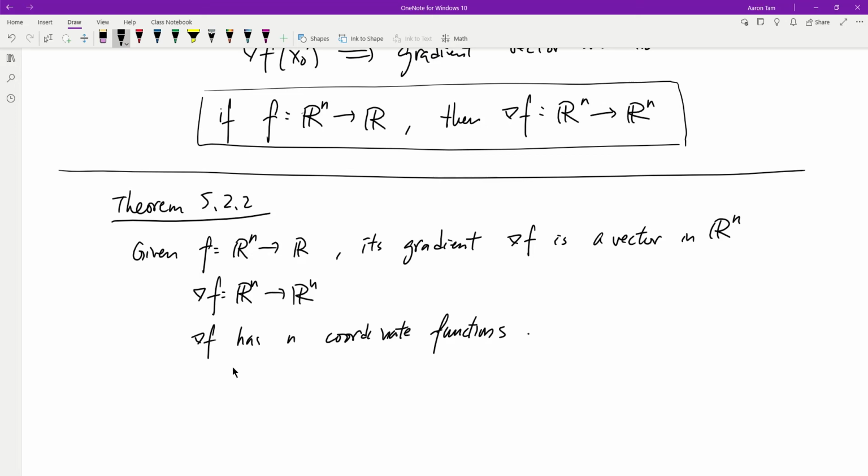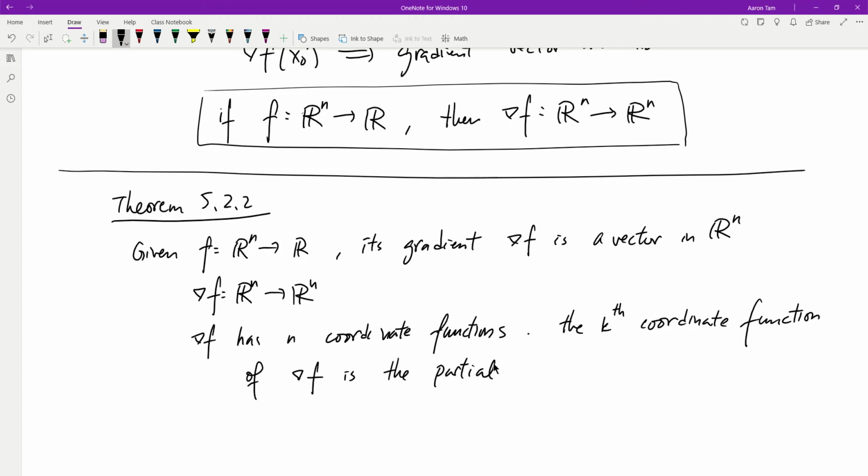And here comes the important definition. The kth coordinate function of the gradient of f is the partial derivative of f with respect to x sub k, or rather, with respect to its kth variable.